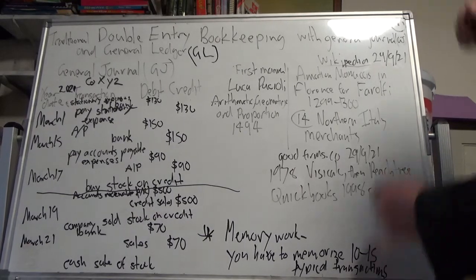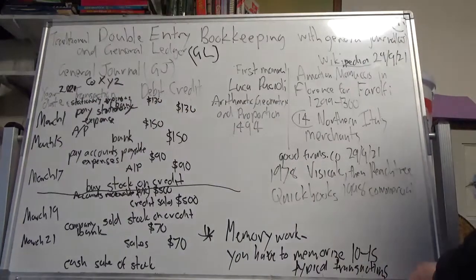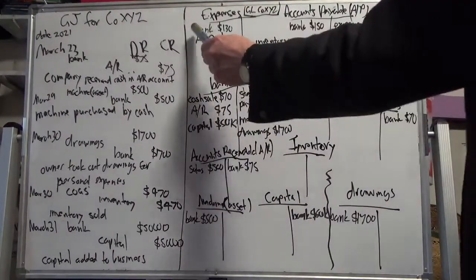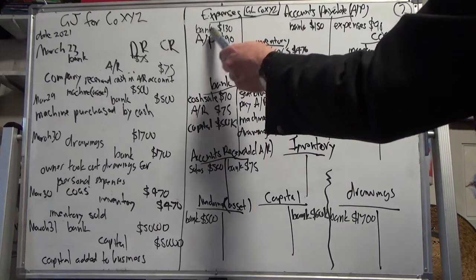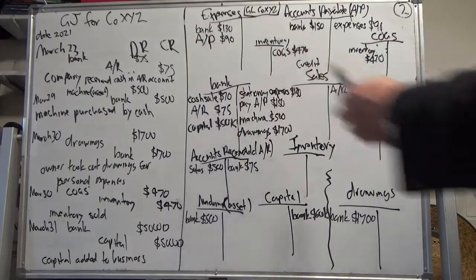So if we're going to debit stationery expense, we go to debit expense ledger. But that's not labelled expenses here. It's labelled the opposite part of the transaction, which is bank.